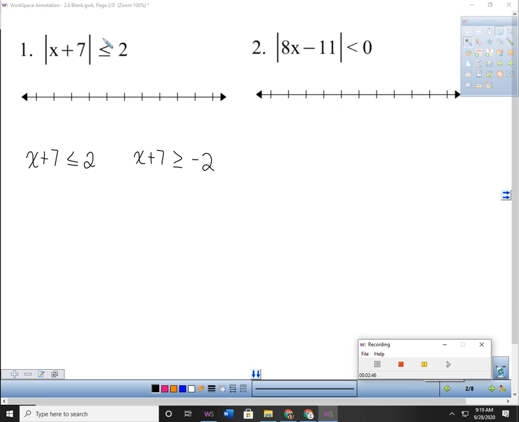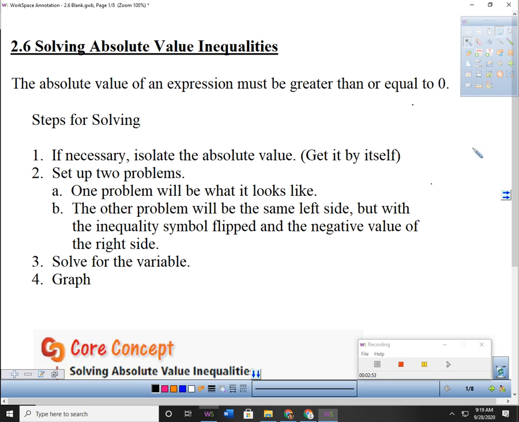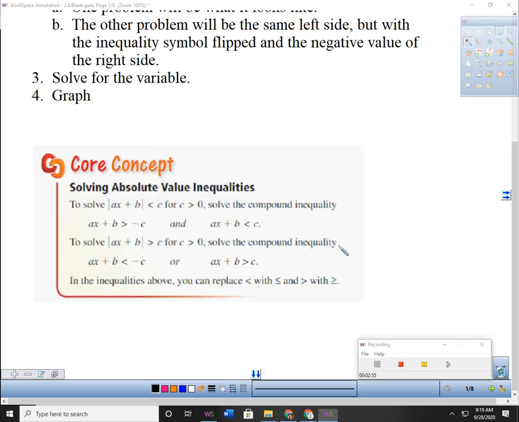Alright, something we didn't talk about on the very first screen is to decide whether this is an and or an or. Alright, that's where this little thing also comes in. Notice that in this one it says and, in this one it says or. So if you start off with a less than C, then that's going to be an and.